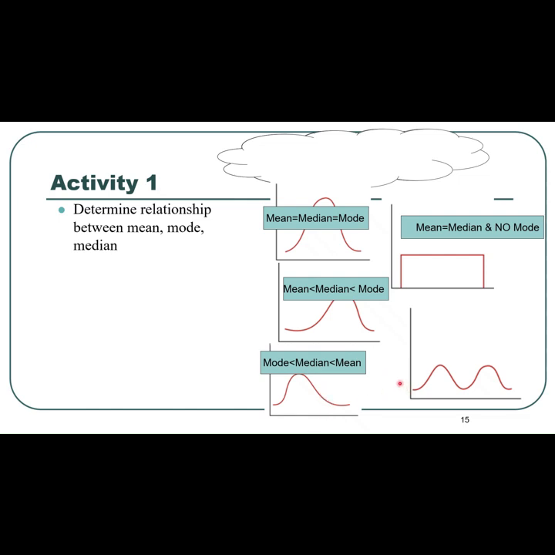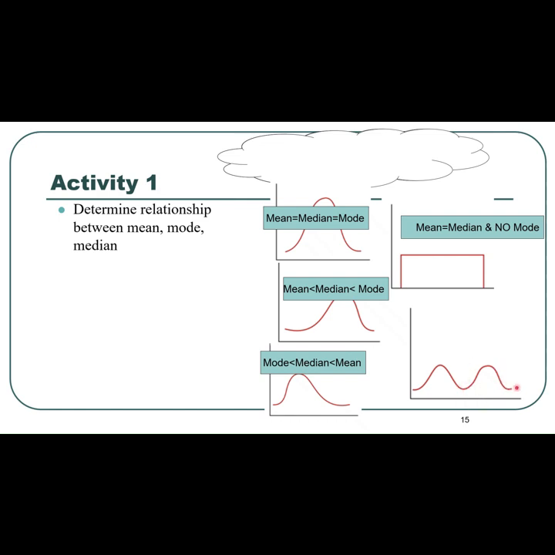The last graph has two peaks, so I am in a bimodal case, and it is roughly symmetric, because if I put my mirror line exactly in the middle of the range under that distribution, you will find that the left-hand side is exactly mirrored to the right-hand side. So this is a bimodal and roughly symmetric case.